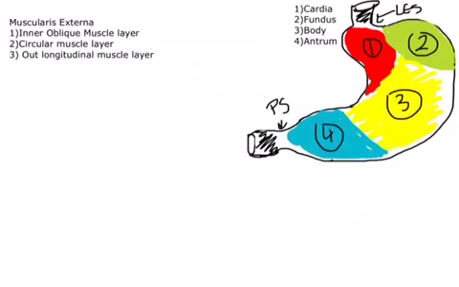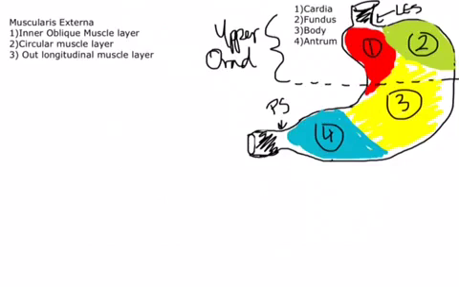So we also can divide our stomach in 2 parts. So if we go right in the middle here, this upper portion is called the upper orad. And then this lower portion is the lower caudad.